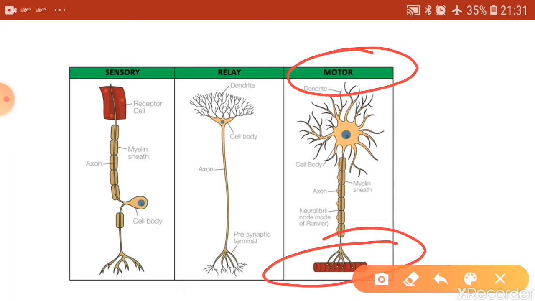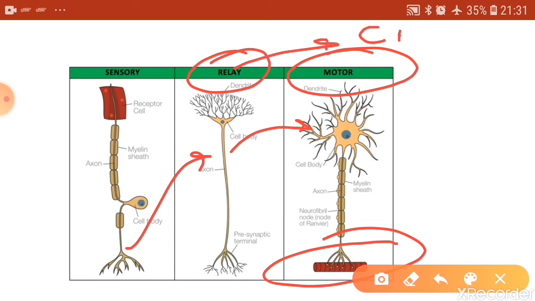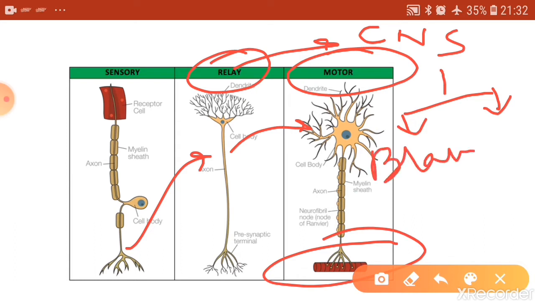And there are also some relay neurons. These relay neurons are the neurons which pick information from the sensory neuron and pass it to the motor neuron. These relay neurons are present only in the central nervous system, about which I will be telling you later. For now you should know that the central nervous system is the part of the nervous system that comprises the brain and the spinal cord, right?